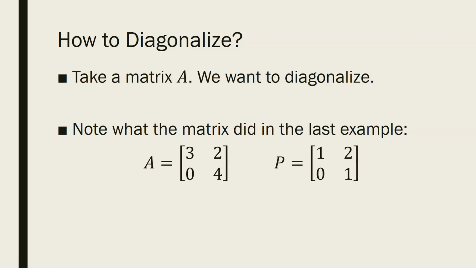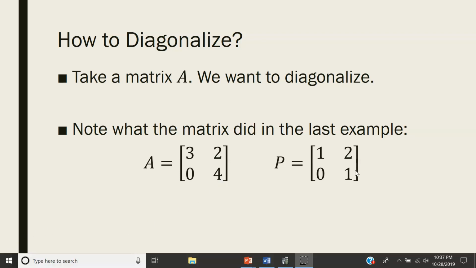So again, you can check that the vector 1, 0 is an eigenvector with eigenvalue 3, and 2, 1 is an eigenvector with eigenvalue 4. So this P was basically just eigenvectors corresponding to each of these two eigenvalues.